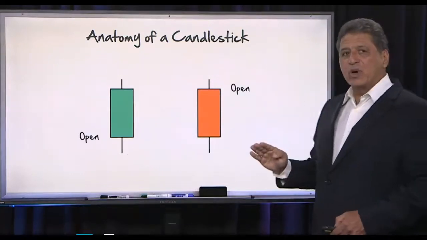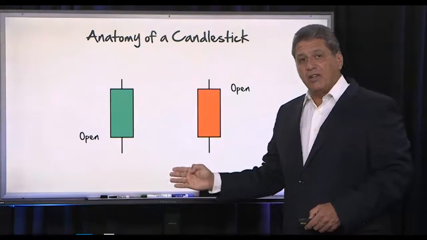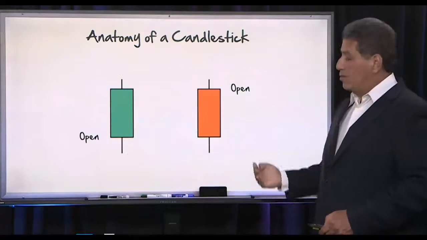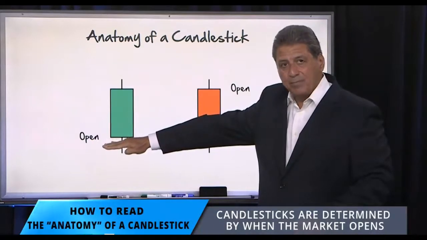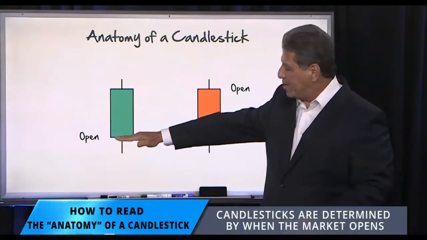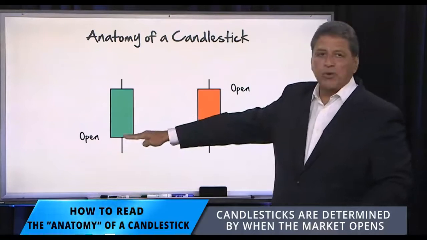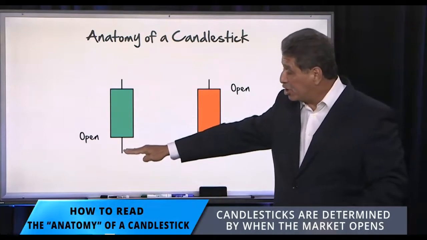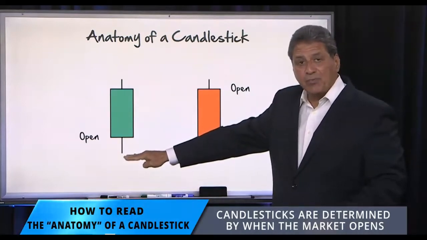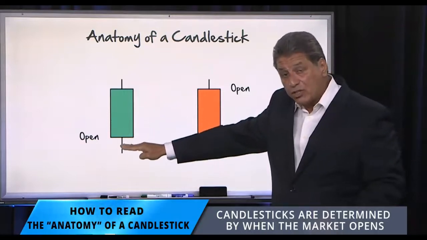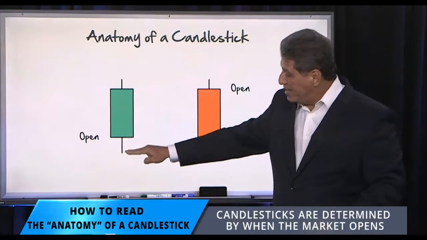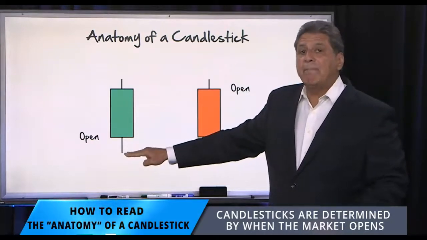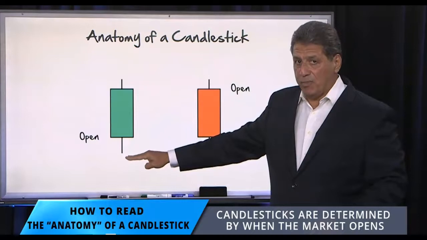Now, what makes one a bullish candle and what makes the other a bearish candle? Well, it all begins with where the opening is. Because if you look at this candle right here, prices opened right here. Perhaps bears took control and they took prices down. Now, when they took control and took prices down, this low from the opening to there was a bearish candlestick formation.